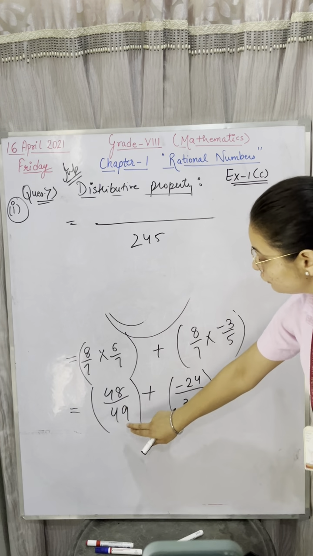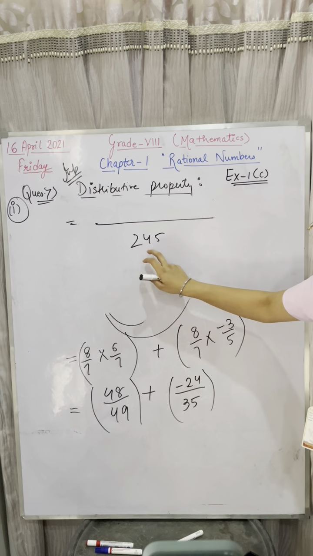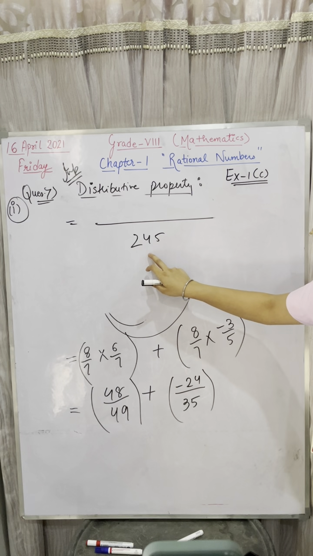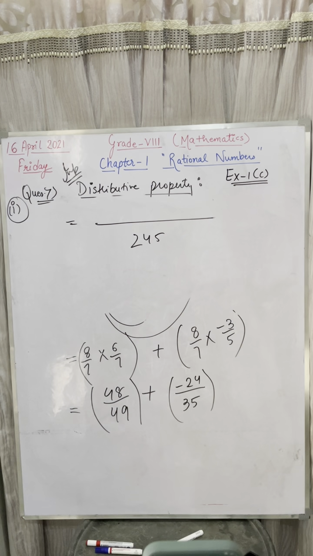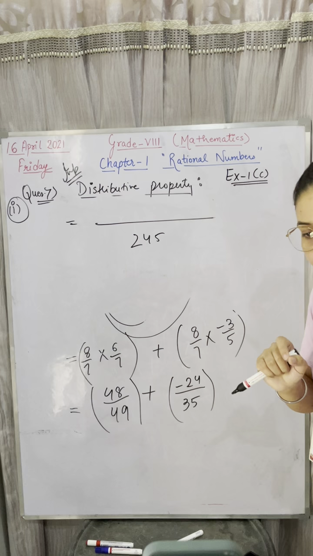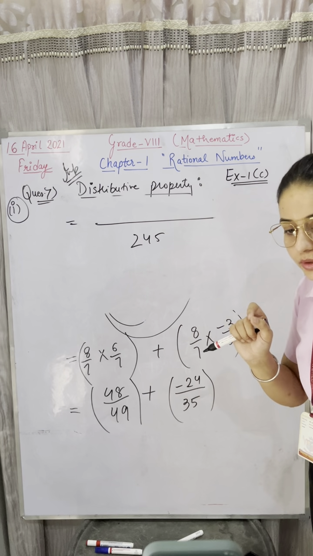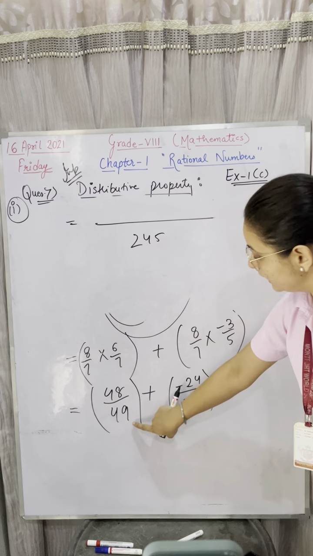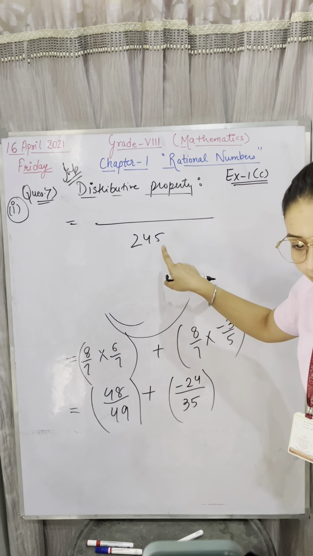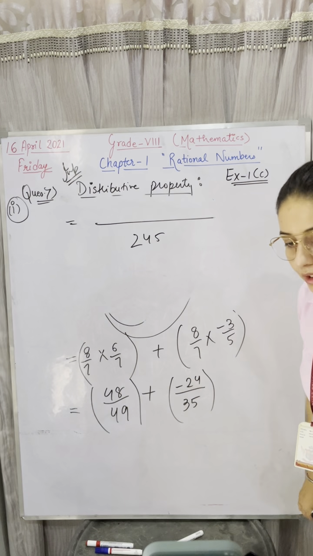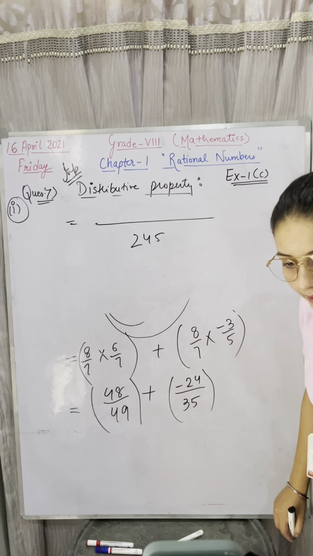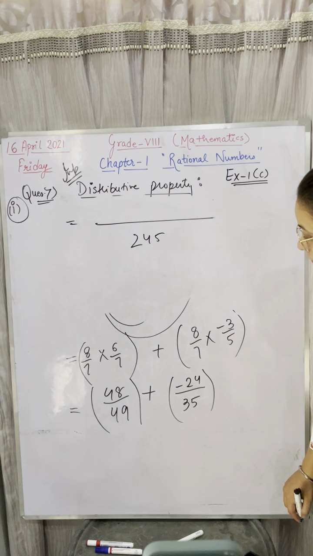Now 245 divided by 49, quickly. Give me the answer immediately. Take your practice notebooks with you. Yes, 245 divided by 49 is 5. And 5 into 48, quickly.